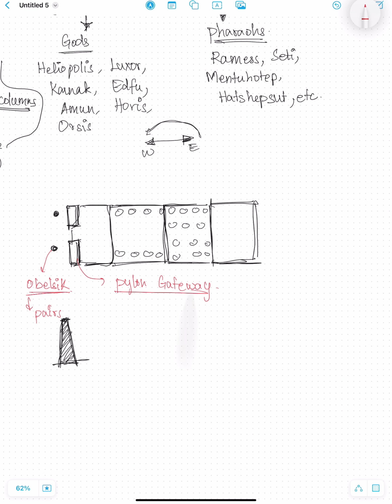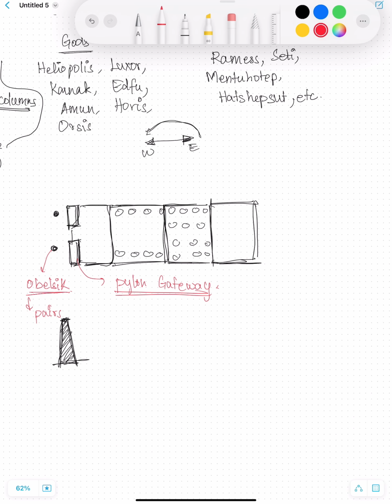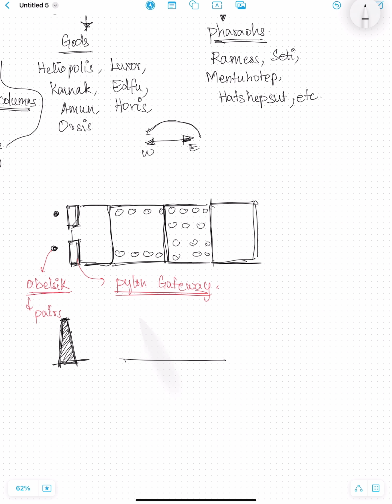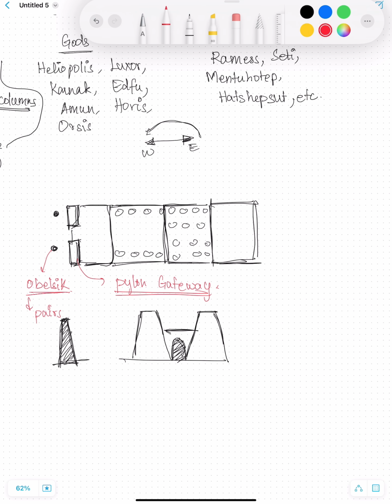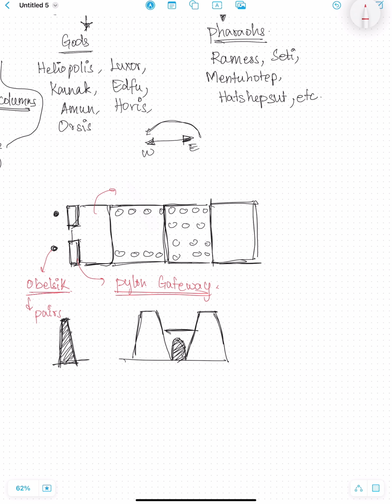Pylons are nothing but, as it suggests, a gateway. It looked something similar to this. And then was the avenue of Sphinx.